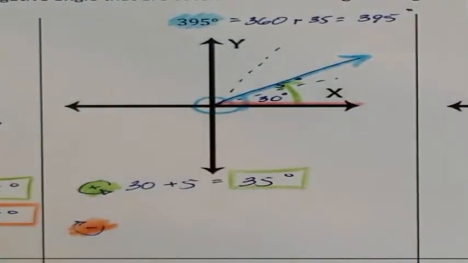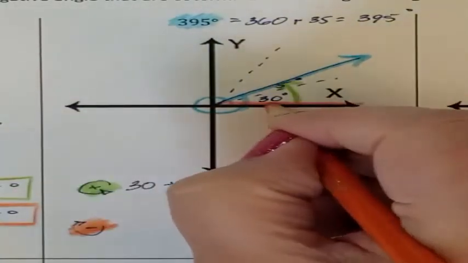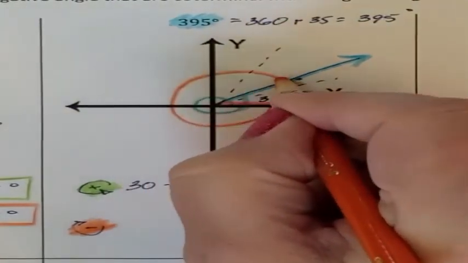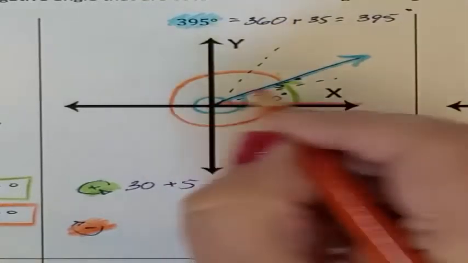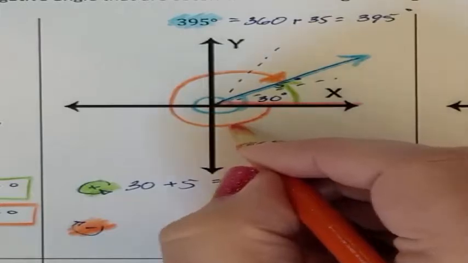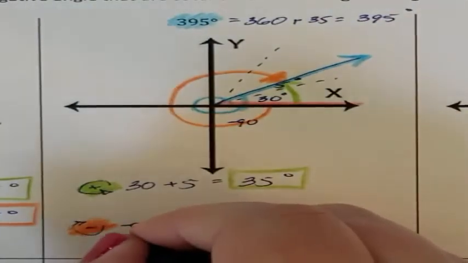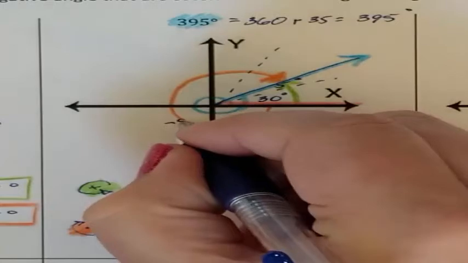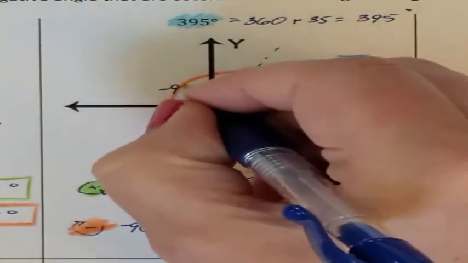Well, now we've got to go the negative direction. So if I am here, negative meant down. So we're going to go down, and I'm going to stop when I land on it. This is a different pathway than the other one was. The blue kept going. So we're going to stop. I traveled, this right here is a negative 90, and then I traveled another negative 90, and then I traveled another negative 90.